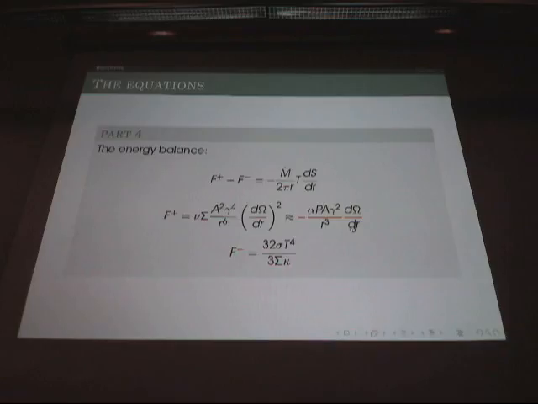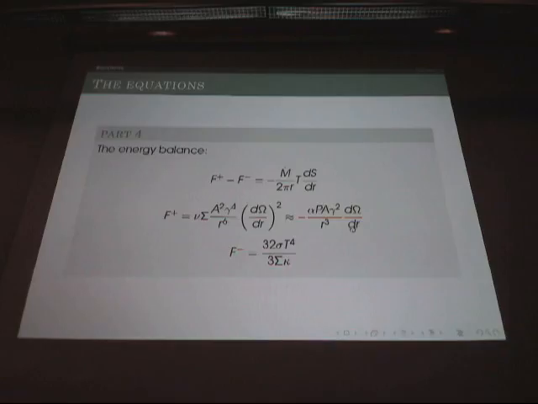The red line is our solution, which goes beyond the innermost stable circular orbit, while the blue and the green dashed lines are for the Novikov and Thorne approach. Let us look at the Novikov and Thorne solution, which uses exactly the same assumptions as we do.